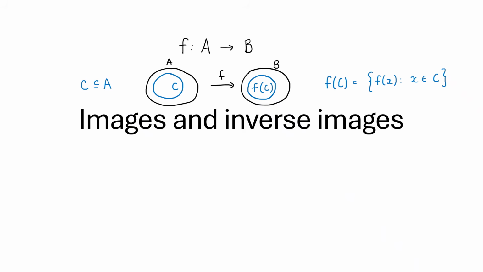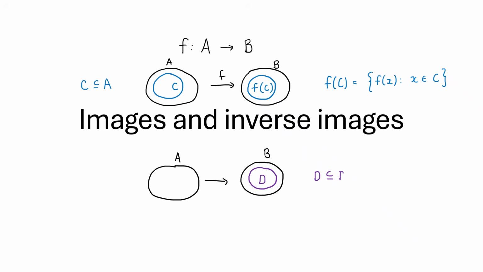What is the inverse image? Well, again, we have a function from the domain A to the codomain B. And here we take a look at a subset of B. So let's say, for instance, we choose a subset here and call it D. Again, D could be a proper subset of B, or it could be B itself.